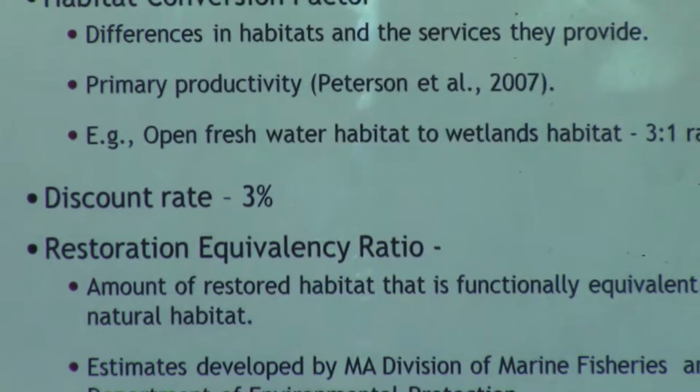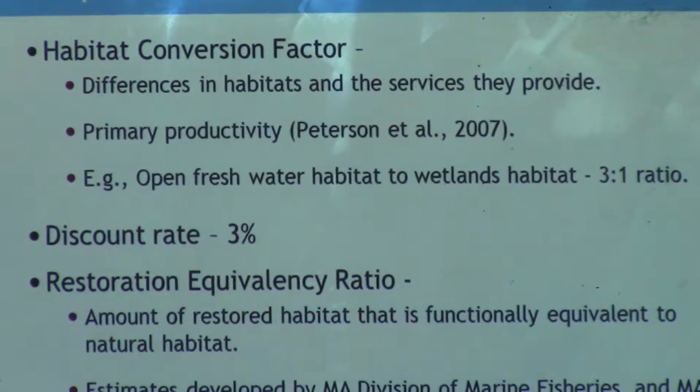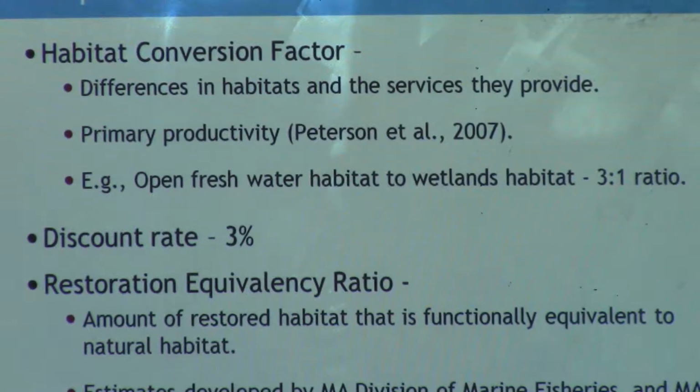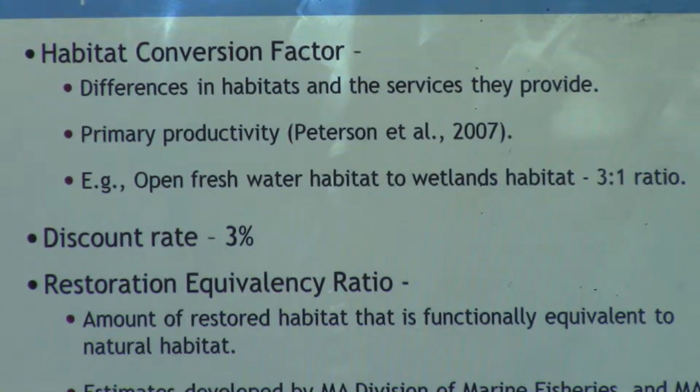The habitat conversion factor is how two different habitats relate to each other in their productivity. This is something I deal with on a number of sites across the country, because often there might not be the opportunity to do restoration in a certain habitat type. It might be a small piece of the NRD, where 90% of it is restoration of wetlands but 10% of the injury was to something else, and to gain economy of scale and be cost effective, you want to do one type of restoration project.